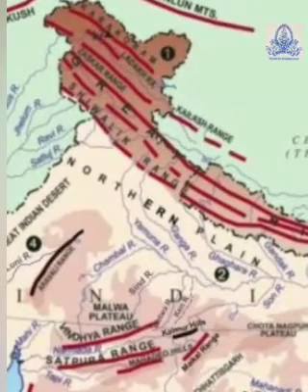One of the ranges is Karakoram, another is Ladakh, and the third one is the Himalayas. Now among the 3 ranges, which is the longest and highest one? That is the Himalayas. The Himalayas are the highest and most spectacular.